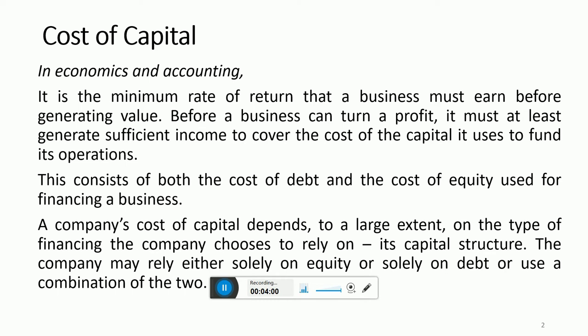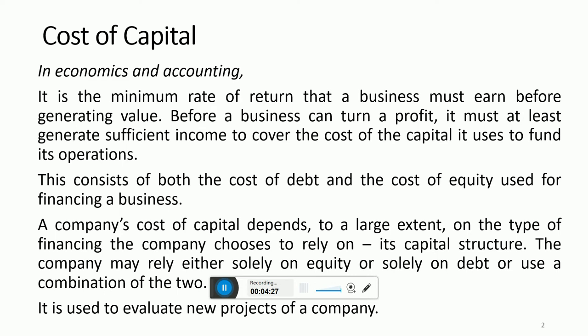Like what kind of risks are associated? The market perceives the risk of the business and applies an after-tax discount rate to the future wealth it expects to deliver from this firm. It can also be used to evaluate new projects for a company.